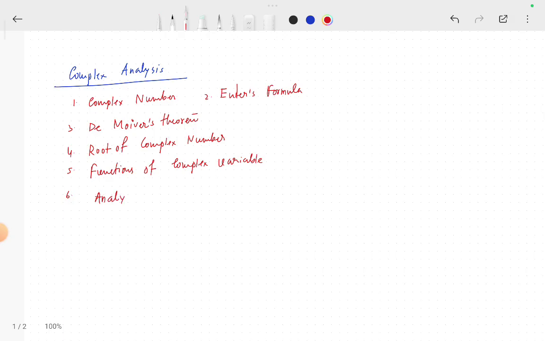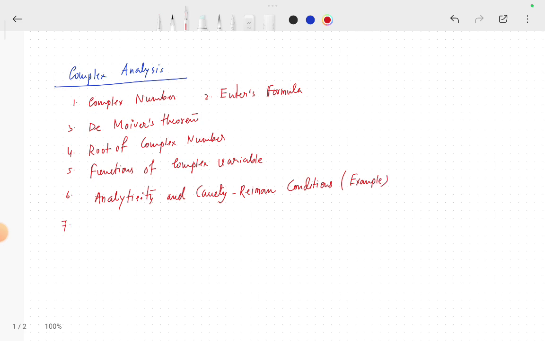We will also study some examples, don't worry.